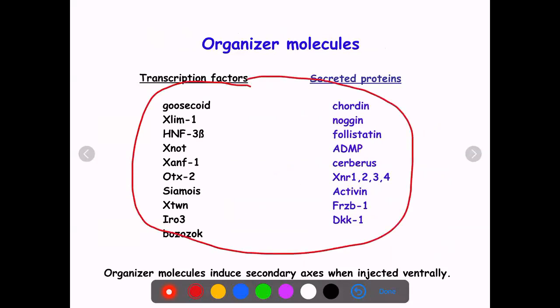And they have the ability to create one more axis on the other side. Okay. This is the secreted protein that we are going to focus on. So I will stop here, and I'm going to continue in the next segment. Thank you.